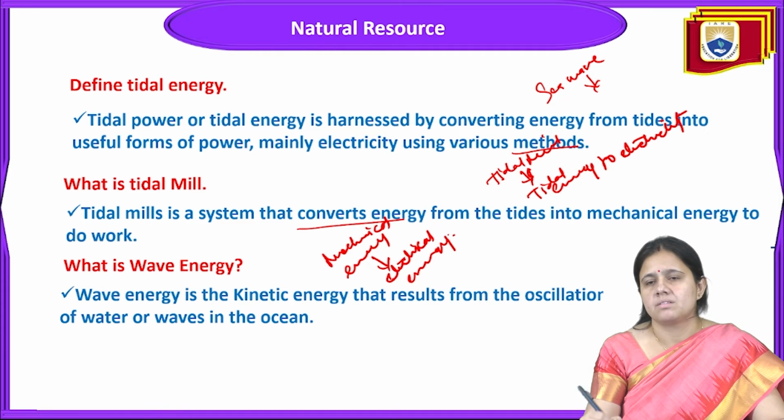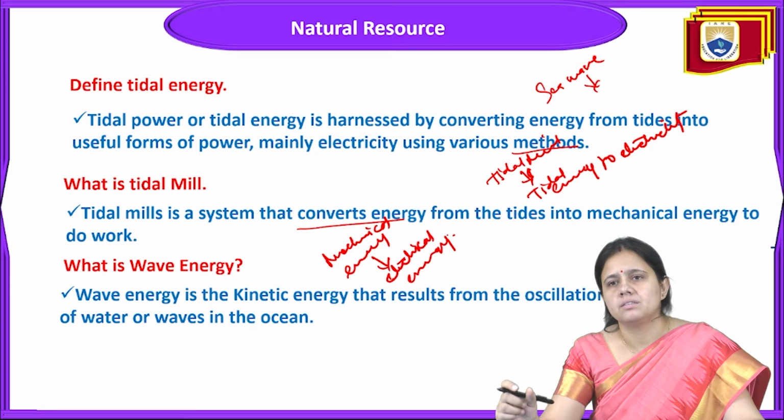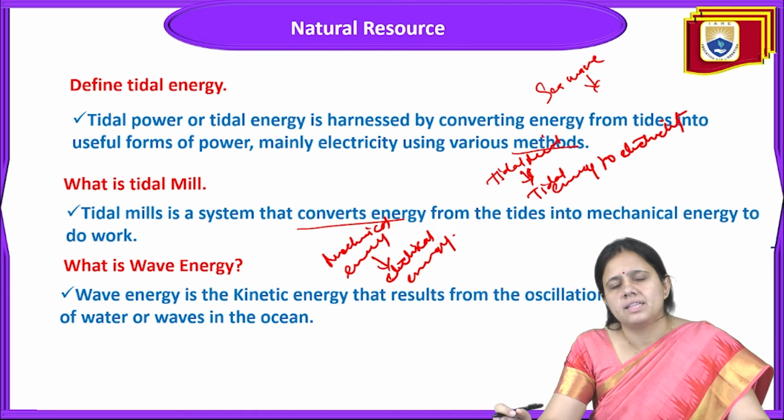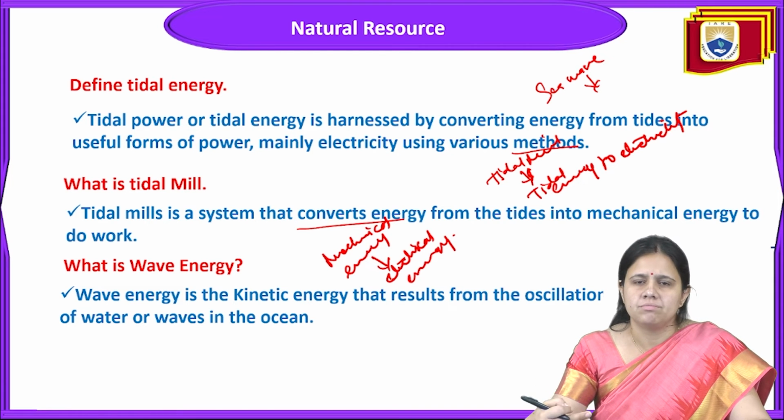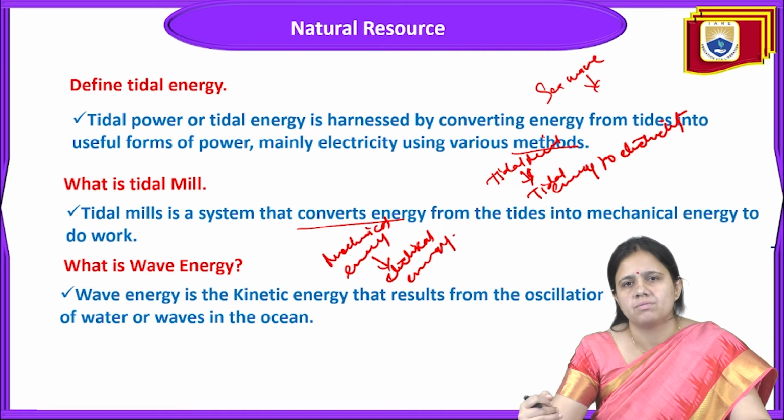This is the tidal mill. A tidal mill is installed on the tides, and it is able to convert the energy of tides, that mechanical power of tide, into electricity. So this tidal mill does the conversion of mechanical energy to do our work.